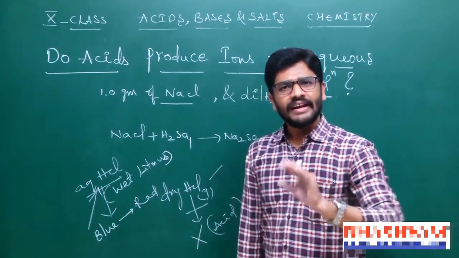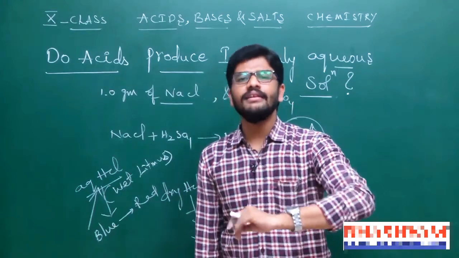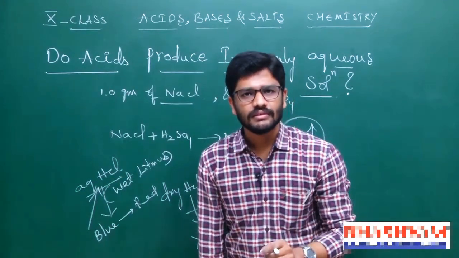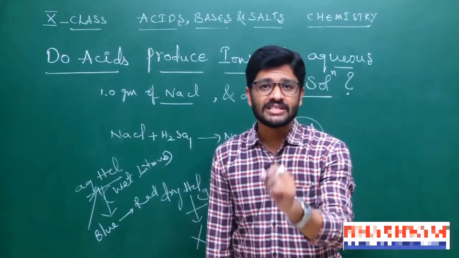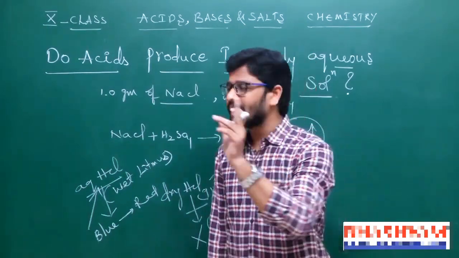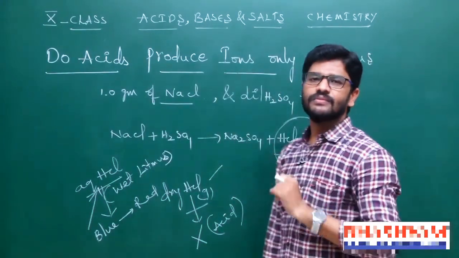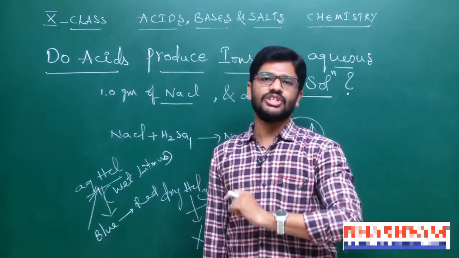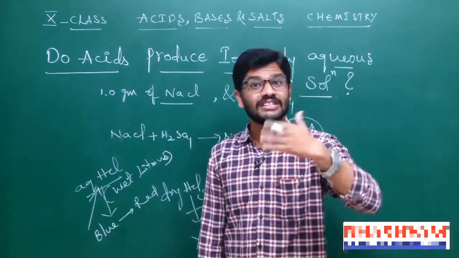So when acids or bases are dissolved in water, they produce H+ and OH- ions respectively. So acids can produce ions only in aqueous solution. We have already discussed this in the previous session.